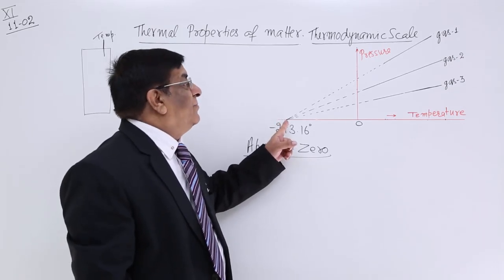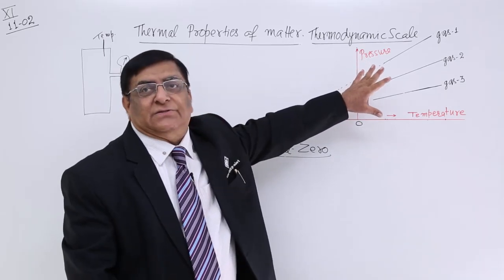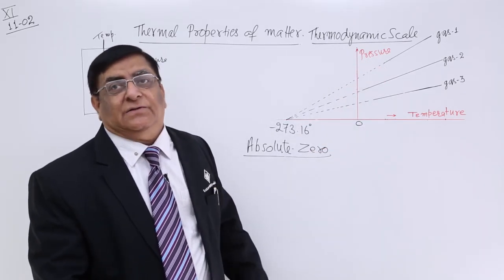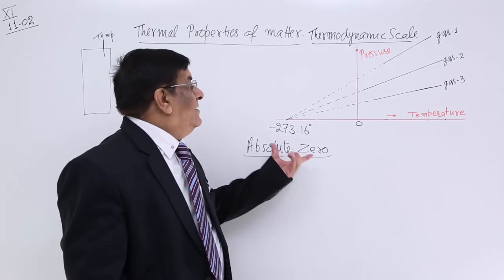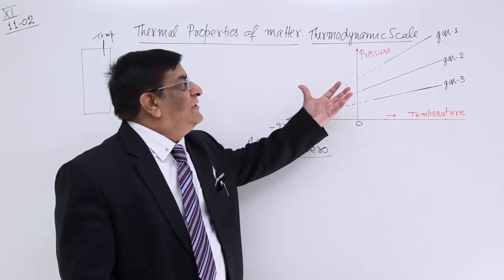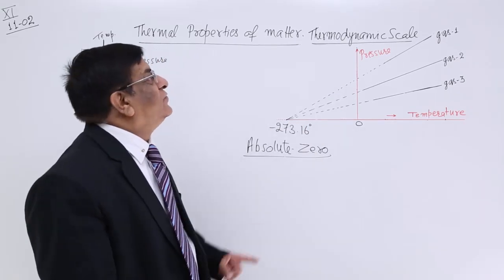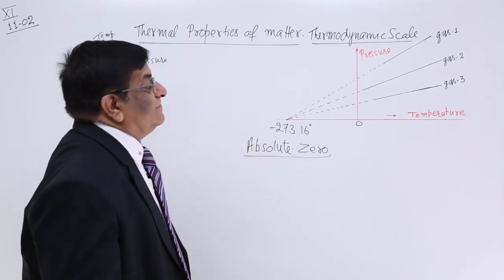So, at this temperature, activity of everything in the universe will become 0. This is known as absolute 0. And this absolute 0 temperature, this we have achieved with the principles of thermodynamics. So, we call it thermodynamic 0.